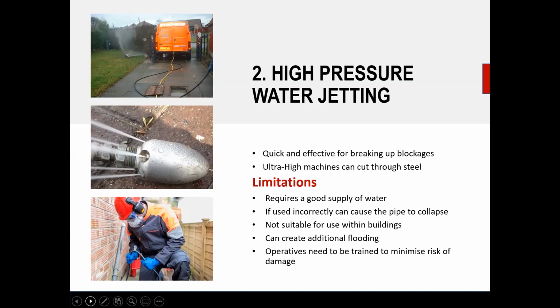When you start getting to the ultra high pressure machines, they can cut through steel, and in some cases you have systems where you entrain sand into the water to make it even better at cutting. You're very much reliant on the water to clear the blockage.